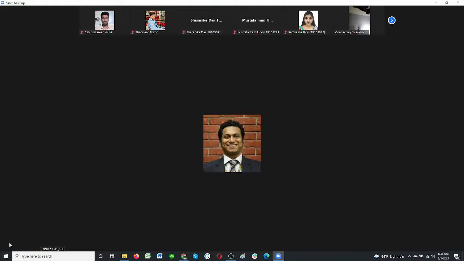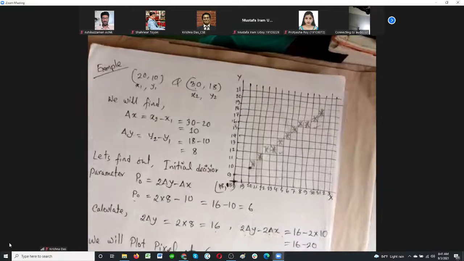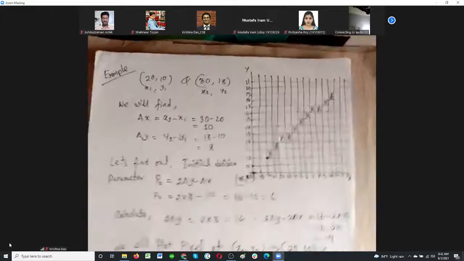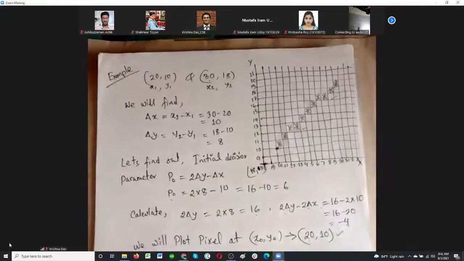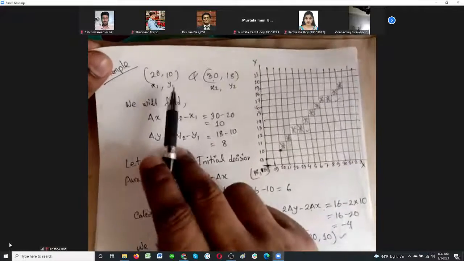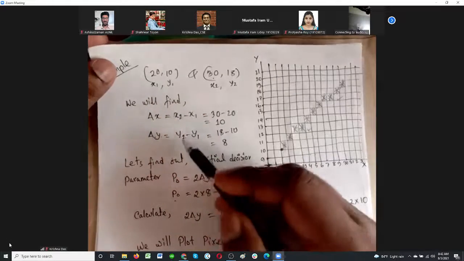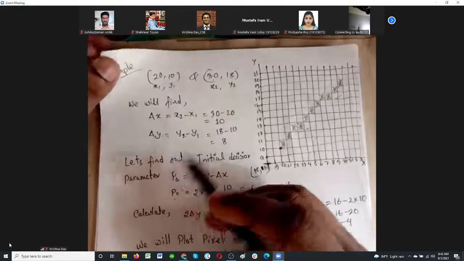As for the example that we did last day, as you can see, we have taken two random points and try to gauge the del x and del y.